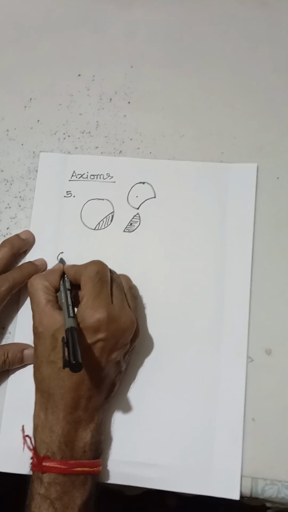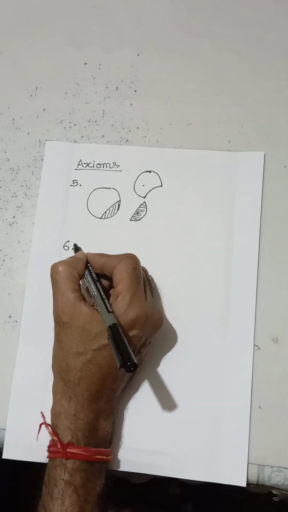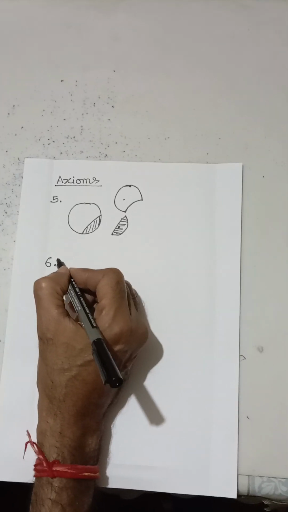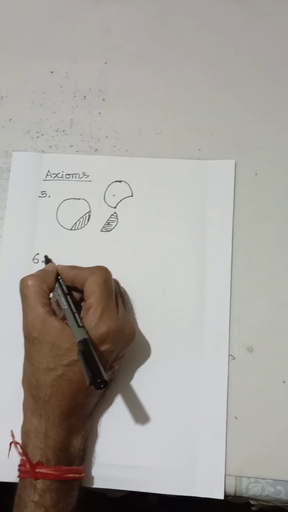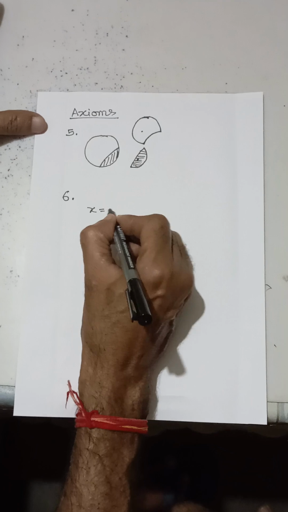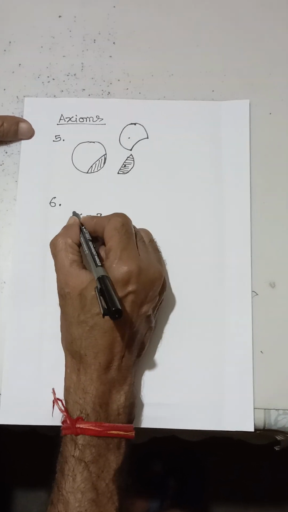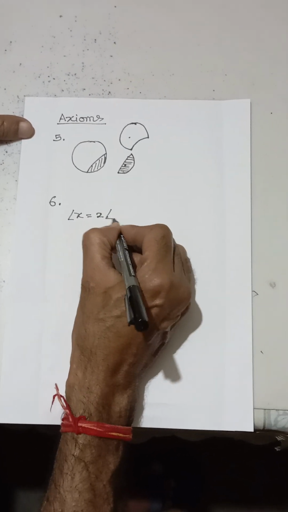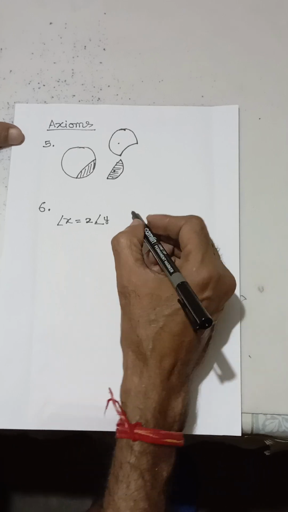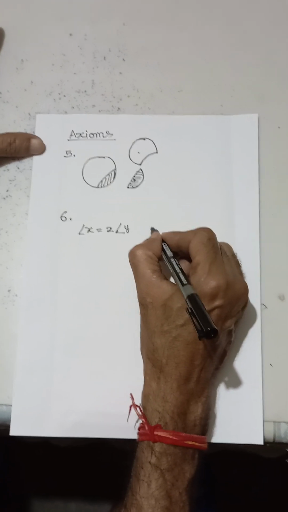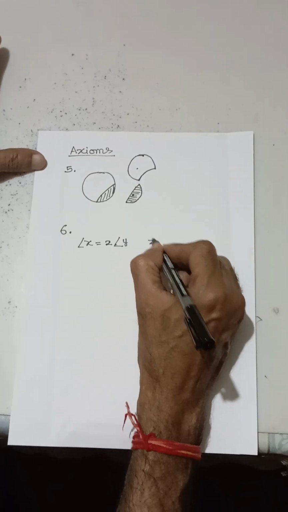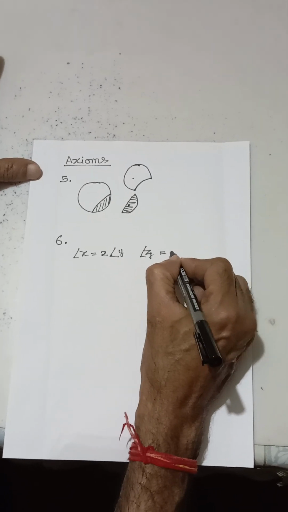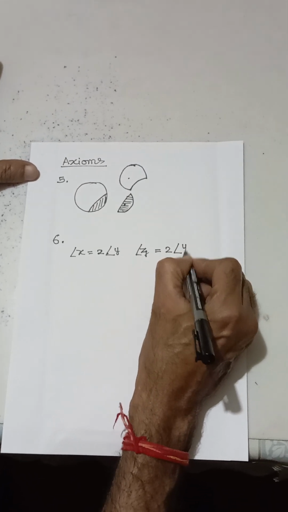Now example 6. Things which are double of the same thing are equal. 2 angle x is equal to 2 angle y, and angle z is also equal to 2 angle y.